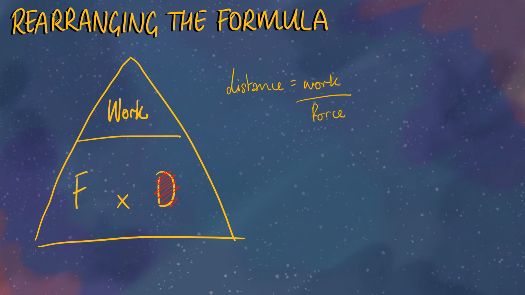Okay, same with force. So if we wanted to figure out what force was, we'd cover it up, and we would be left with force equals work divided by distance. Okay, and it's as simple as that to rearrange the formula.